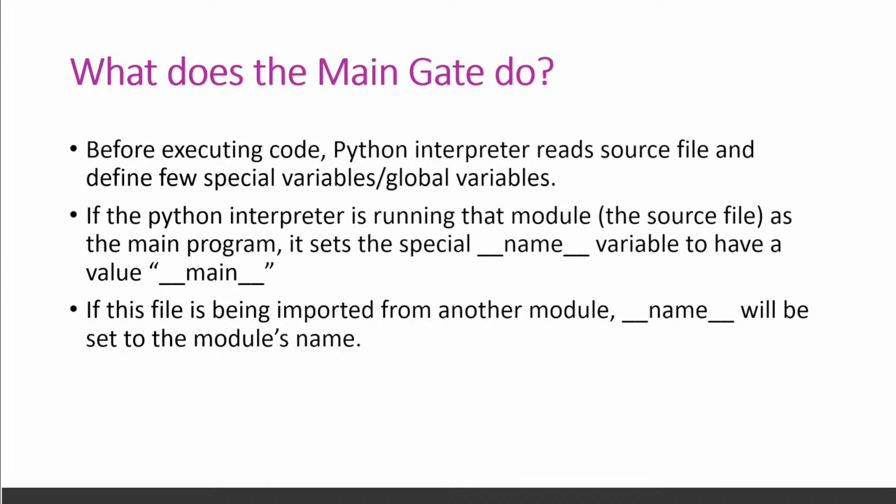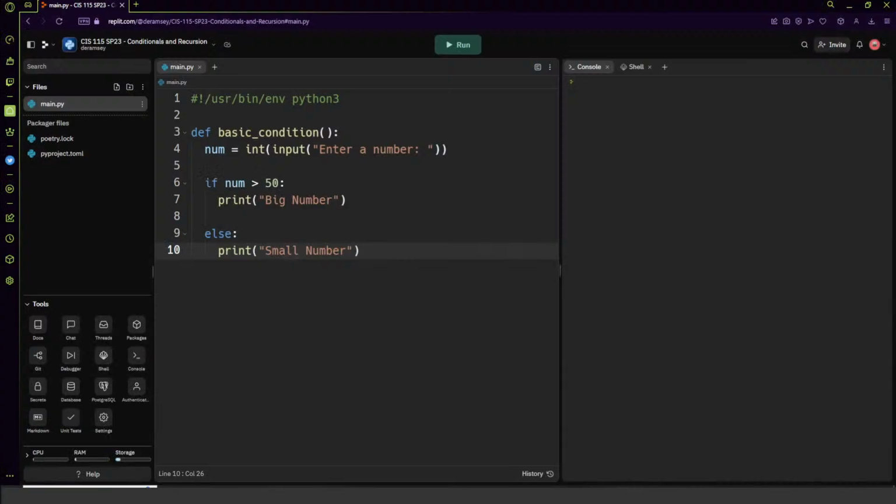This way we can take functions that we know already work and import them into other files without it running that code. And I guess I could show you an example of this pretty quickly.